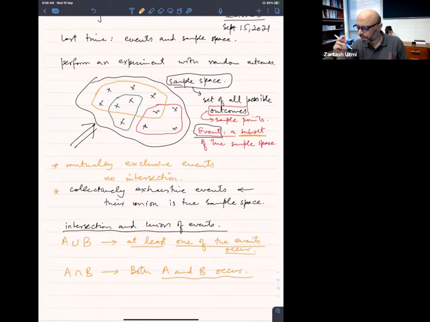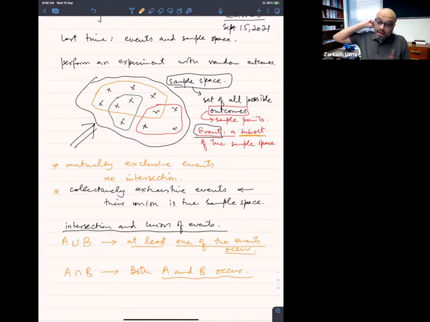So if you have a sample space which is rolling a dice, we know that exactly one of the 6 possible outcomes occurs. ऐसा नहीं होगा कि कुछ भी ना occur करे और ऐसा भी नहीं होगा एक से ज़्यादा occur करे. So we will have exactly one outcome occurring from the sample space.